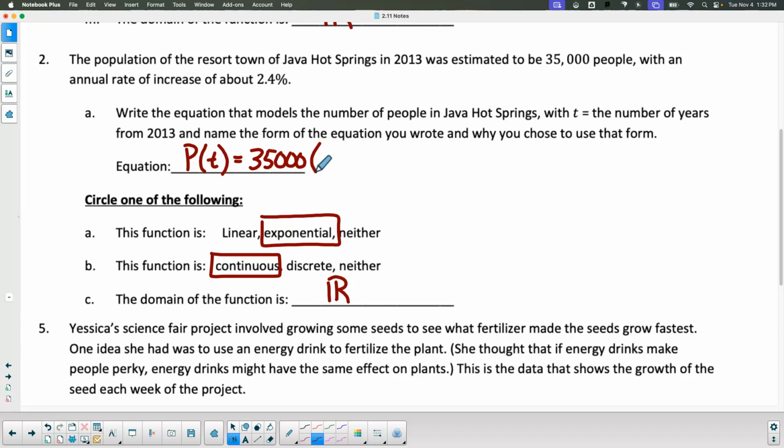Are we increasing population or are we decreasing population? Increasing. So what's my R value then? 1.024? Yes.